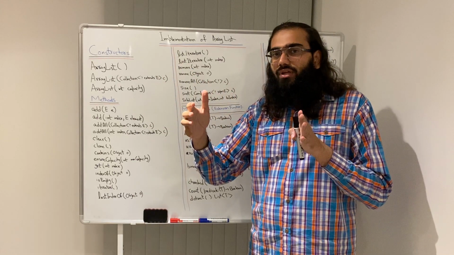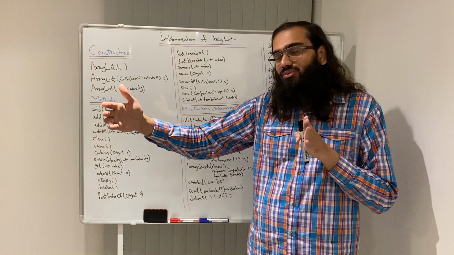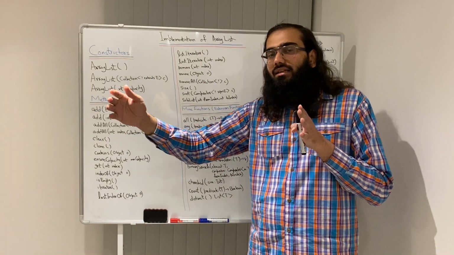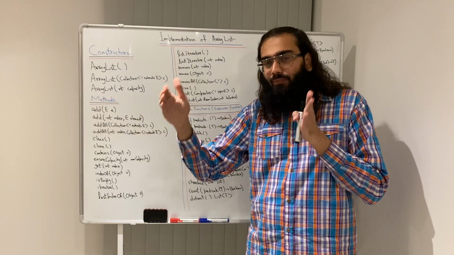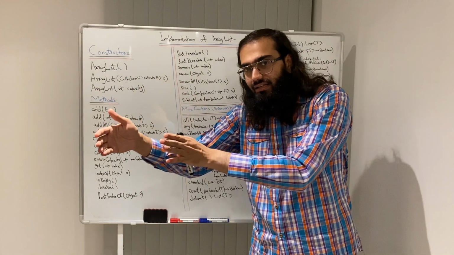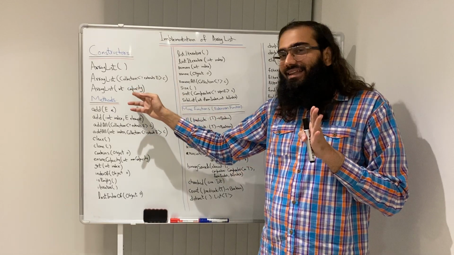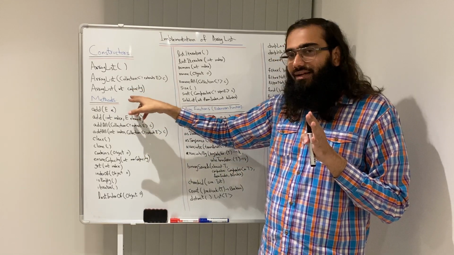It means I need to create a new array which may be 32 indexes. Now I have a new array with 32. I will copy the 16 and then I will put the 17th. So you can feel that is a very big or huge penalty.